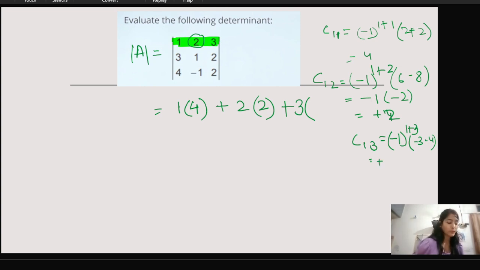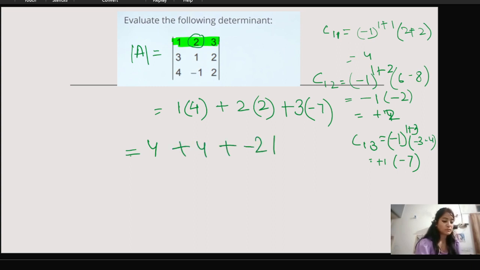Minus 1 raised to the power 4 will be plus 1, and from here we are getting minus 7. Now solve this: 4 plus 4 plus minus 21, so we get minus 21.